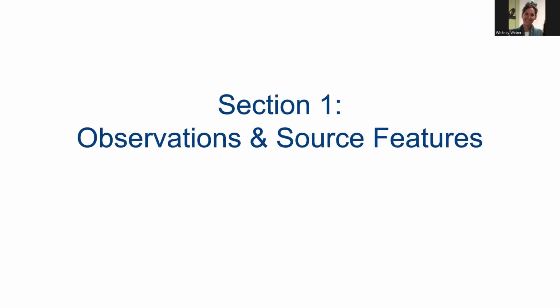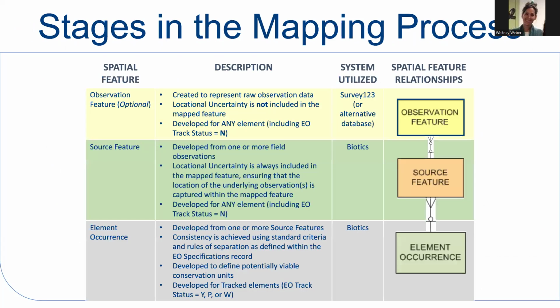During this section, we're going over observations and source features. In terms of the mapping process, we begin with the observation, and the observation can be collected in Survey 123 or Field Maps or whatever alternative database that your program might be using. The observation is created to represent the raw observation data.